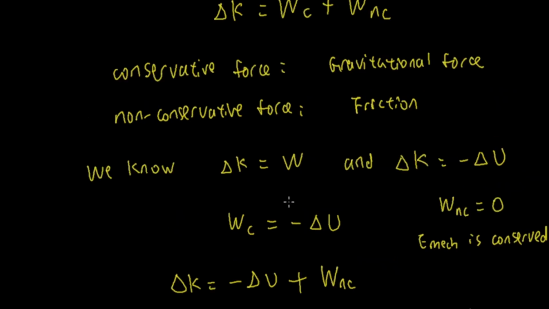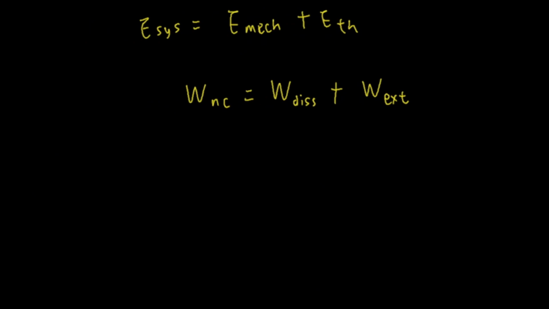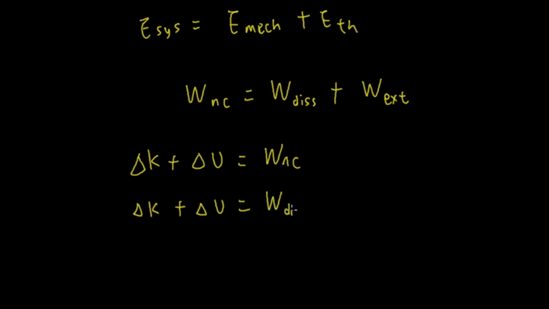Then we can rewrite this equation like this. Now we can replace work done by non-conservative force with this. So change in kinetic energy plus change in potential energy equals work done by dissipative force plus work done by external force.